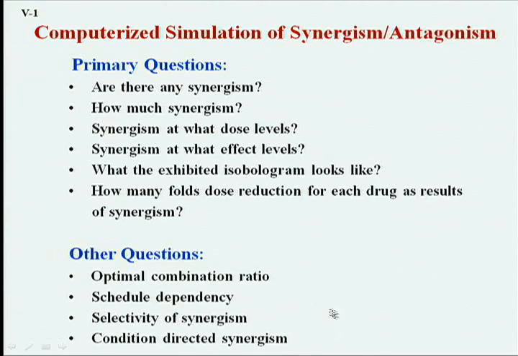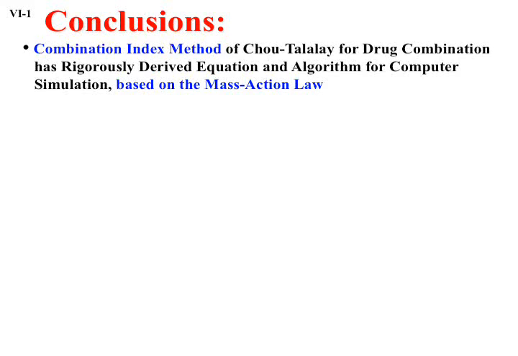Since toxicity synergism will be big trouble. And condition-directed synergism: at a different temperature, different pH, different environment, how does that influence the synergism or antagonism? So, this is the conclusion.